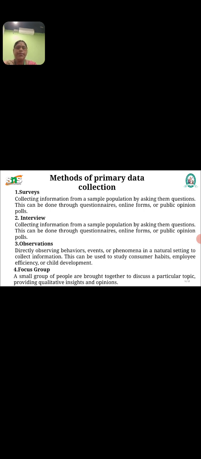If we want to observe certain things which are happening, in a big gathering or a mass area, we can observe and collect the data. Next one is the focus group: a small group of people brought together to discuss a particular topic, providing qualitative insights and opinions.